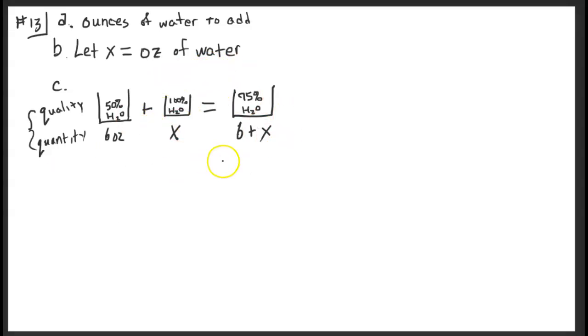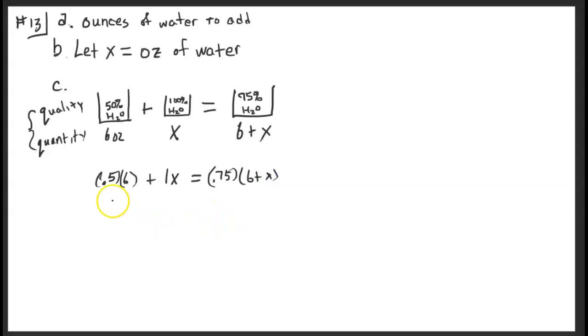Okay, so how does this work? Well, for each term in this kind of equation, you always multiply the quality by the quantity. Okay, so we would say 0.5, that's 50%, times 6, there's quality times quantity, plus 1, 100% is 1, times x, 1x, equals 75%, or 0.75, times 6 plus x.